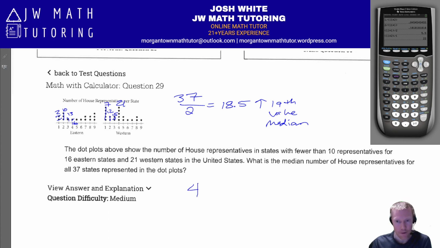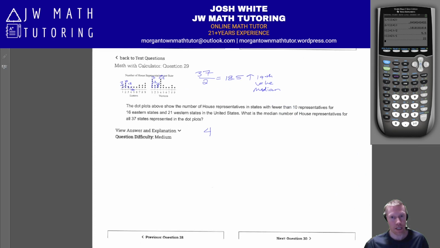I think this approach of counting up from one end is a little bit easier than the crossout method, only because you have 2 different dot plots that you technically have to jump back and forth between. If it's only one dot plot, then you could count on either side until you get to the middle. But I think it's easier to just start at one end and keep counting until you get to the 19th value.